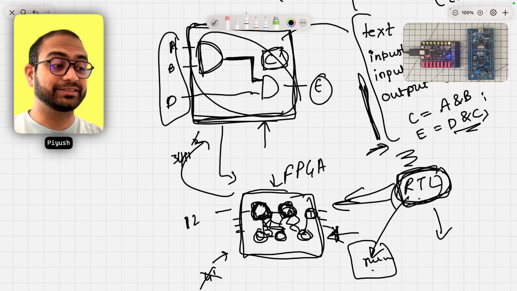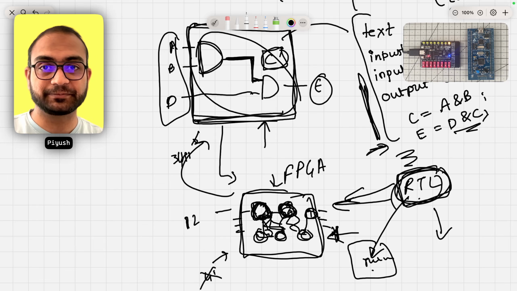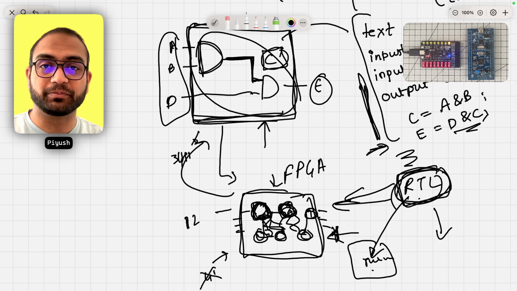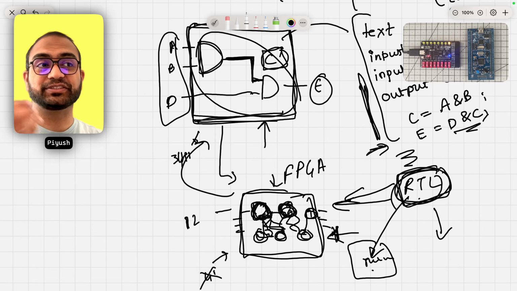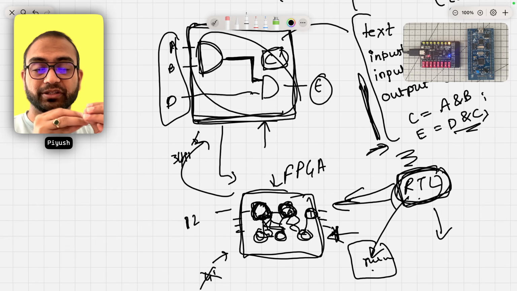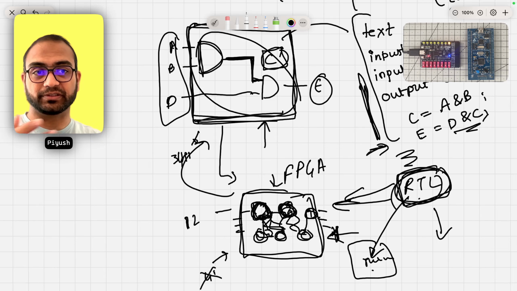In fact, you can design your own CPU and deploy it on an FPGA. A lot of people have done that. But hopefully I'm able to hammer home the point that an FPGA is essentially Lego blocks that let you connect them to each other, and it, so to speak, realizes your circuit.